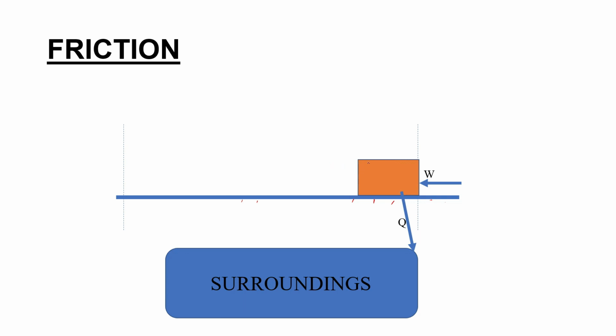You need to push this body, and when you are pushing it, friction work is done on this body. So heat will be released from this body, and its temperature will fall after some time.